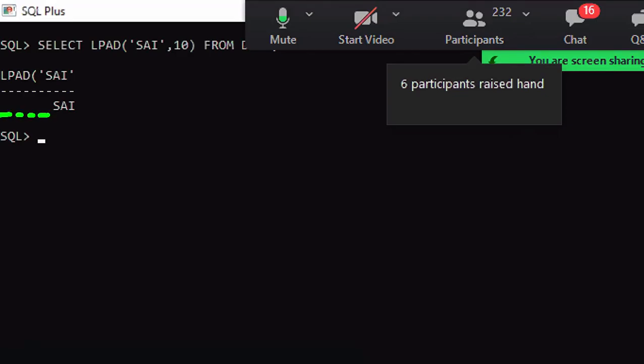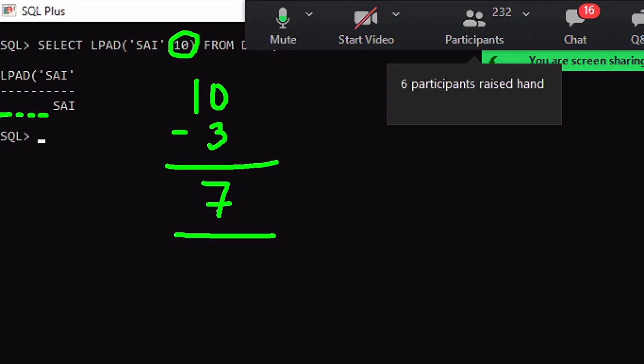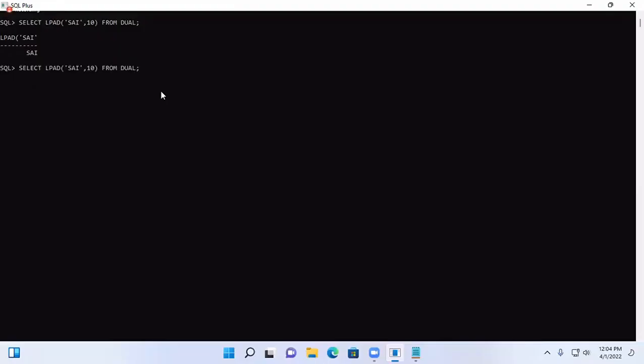because my length is how much here? 10. My string length is how much here? 3. So 10 minus 3, remaining how many characters? 7. So these 7 characters, that means 7 times spaces are added to which side? Left side. For example, now you need to get some idea. I will give some character here.